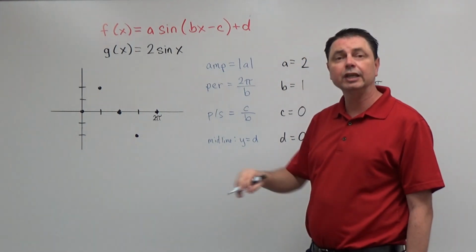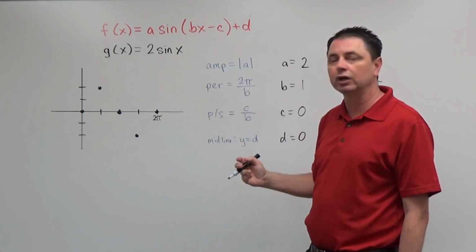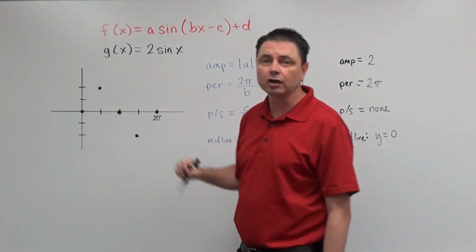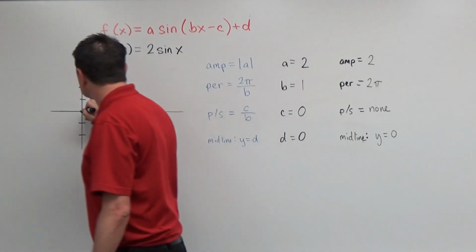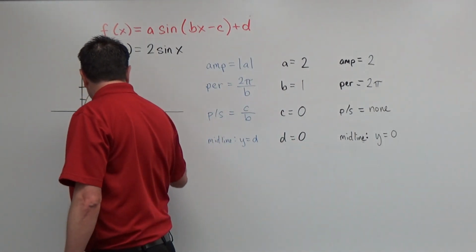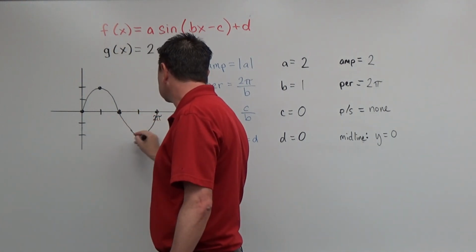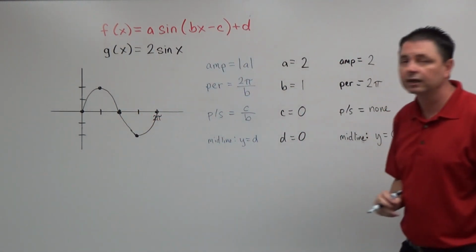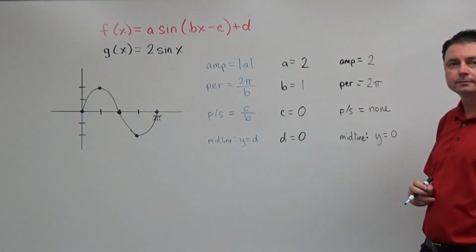So those would be the key points. Now we just need to draw the wave that passes through those, where the first part is concave down and the second part is concave up. And there is f of x equals 2 sine x.